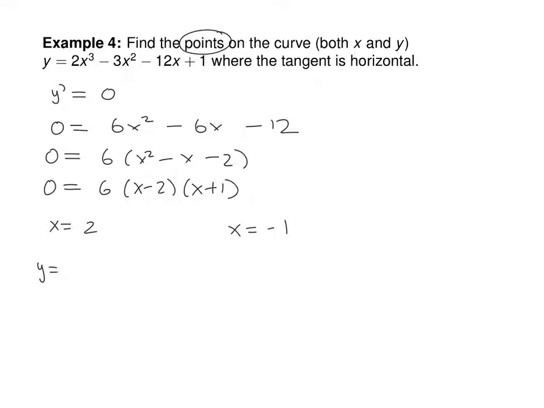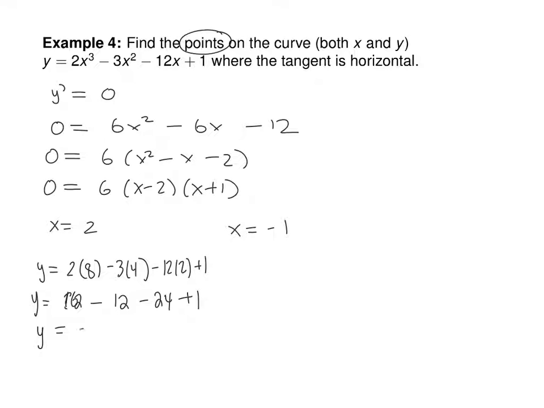So the y would equal 2 times, well, 2 cubed is 8, minus 3 times 4, minus 12 times 2, plus 1. So was that 32 minus 12 minus 24 plus 1? I think that's 1. No, it's not. I lied. 16 minus 12. So that's minus 36.